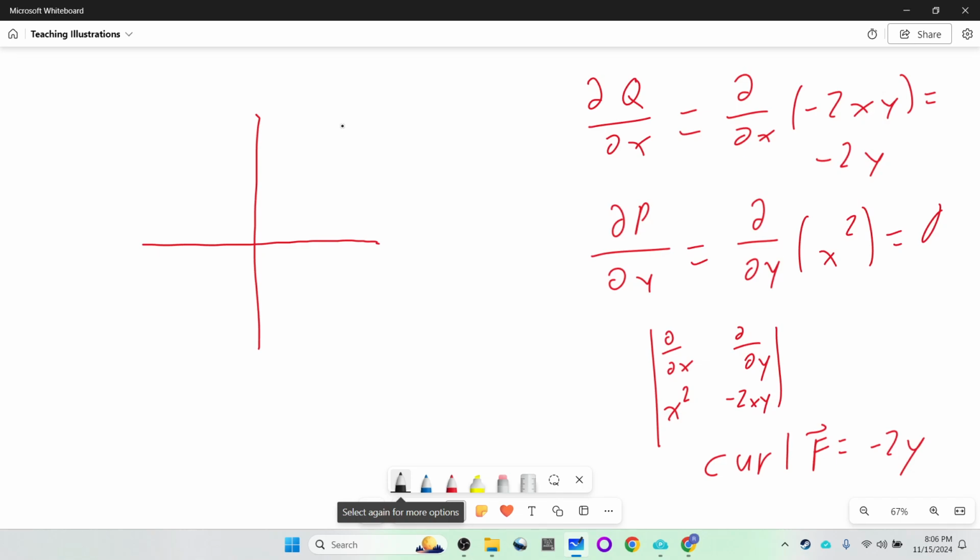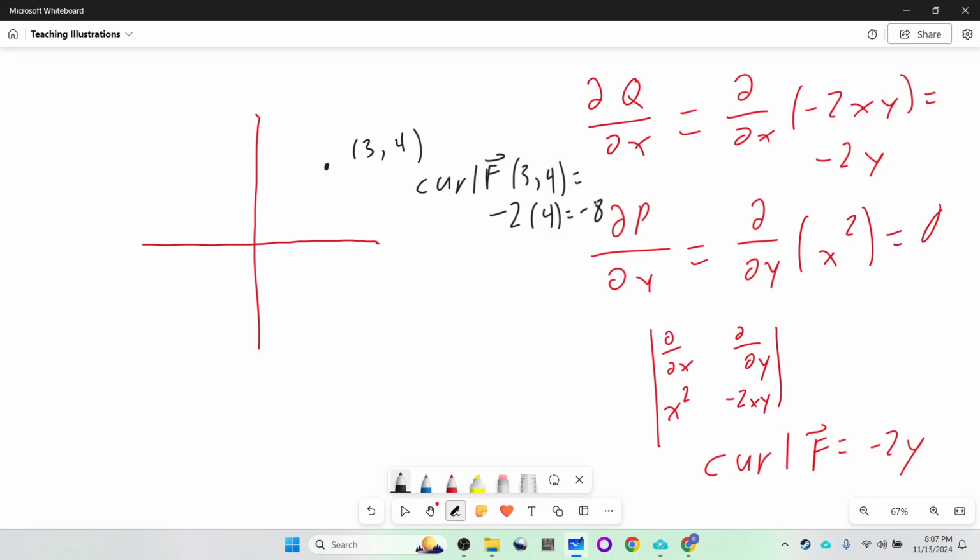So if we pick a few points, (3, 4), the curl of f at (3, 4) would be negative 2 times 4, or negative 8. This is negative, so remember, a positive direction means counterclockwise. So you want to picture this like turbulent water.